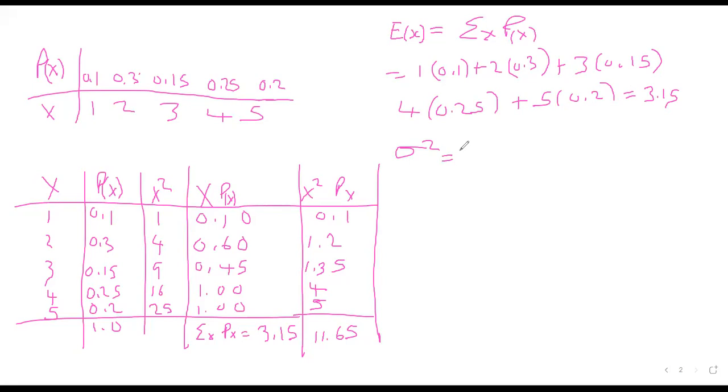To find our variance, we have 11.65 minus 3.15 squared. That is the formula for our variance: this answer minus the square of the mean.